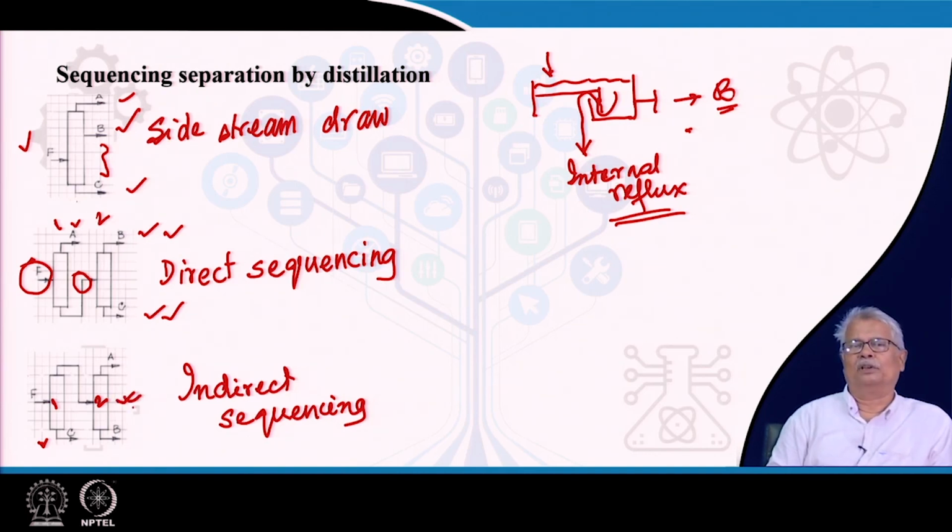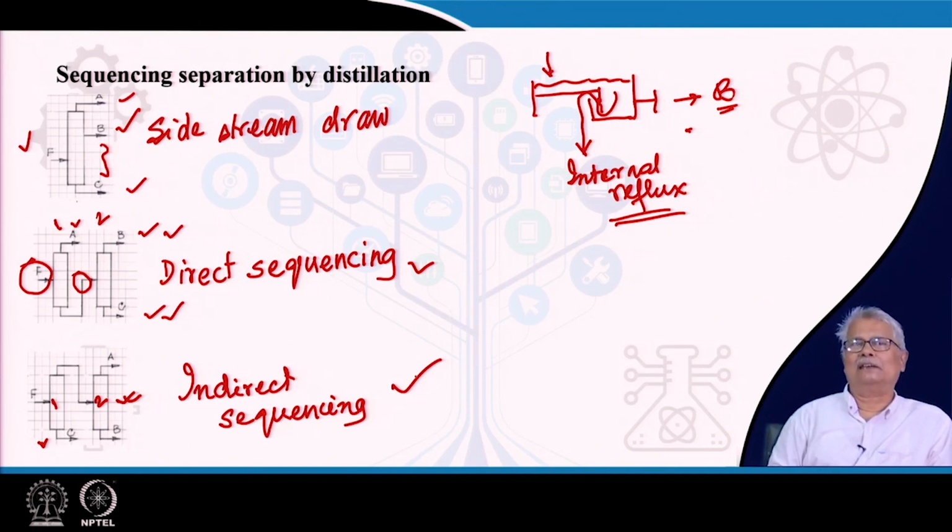So, one advantage of this is, or rather by looking at the direct sequencing and indirect sequencing, we can see that such a sequencing method becomes very useful in reducing the investment cost when one of the products is in large quantity.